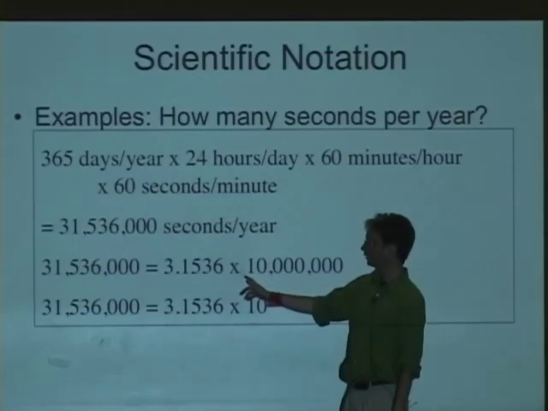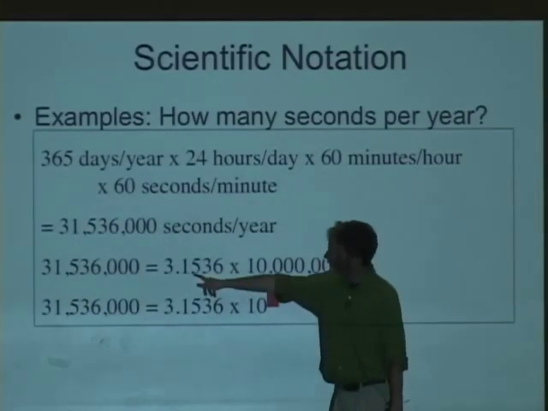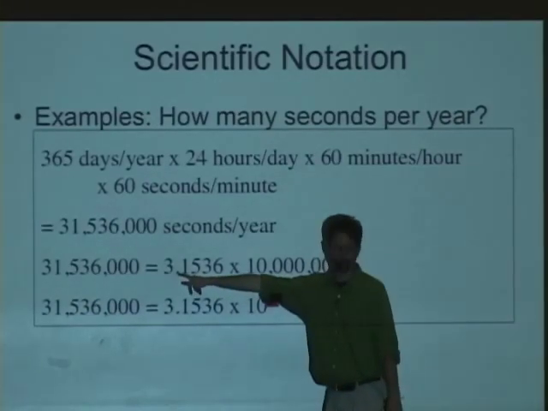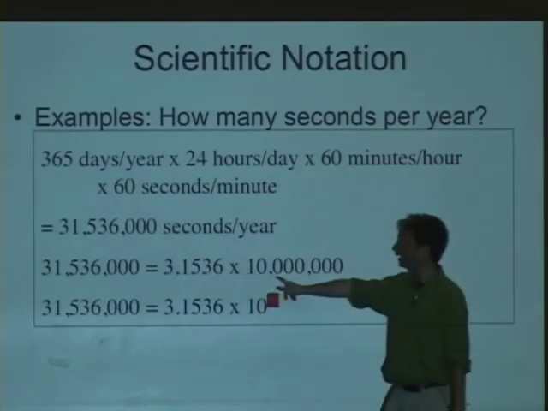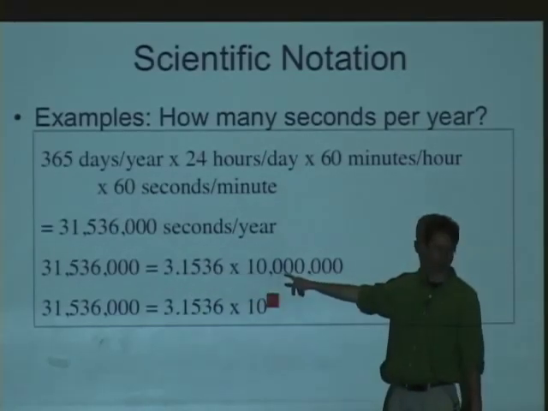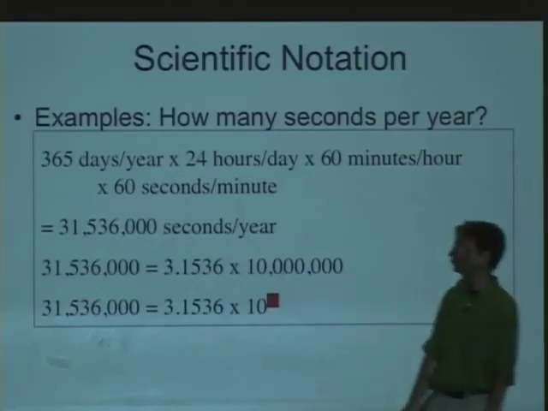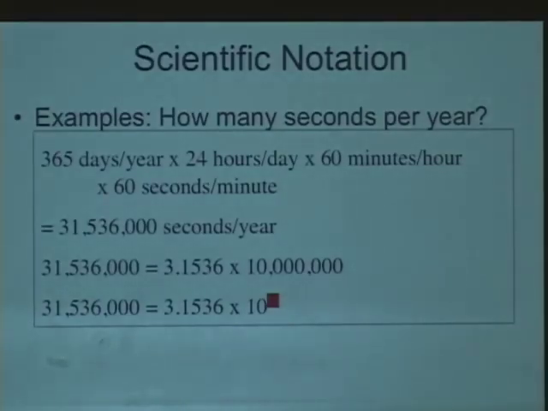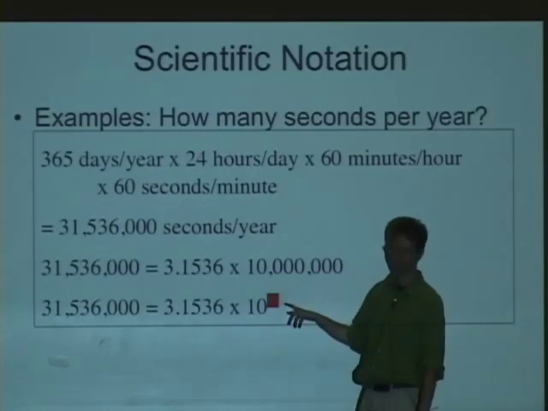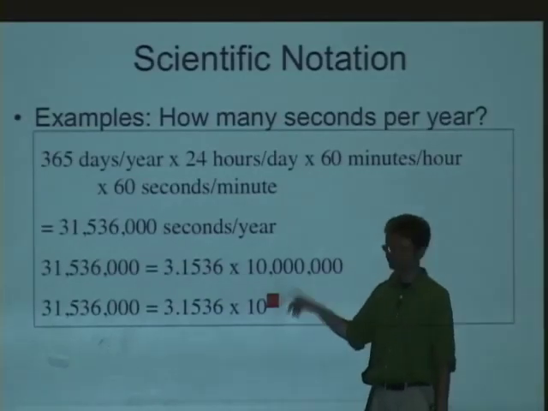We can also convert it to a number between 1 and 10, and a number that's some power of 10. Okay, so 31 million is about 3 times 10 million. And this number we can turn into 10 to the power. What power is that going to be? 7. Right.